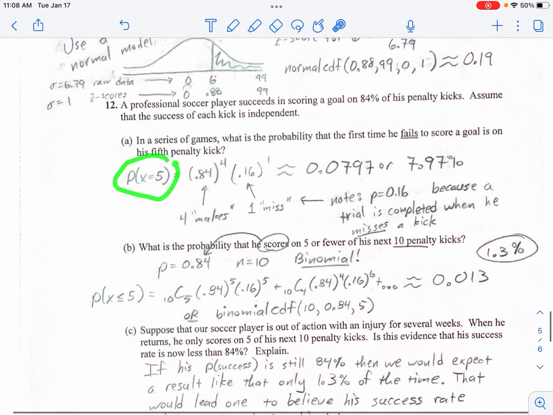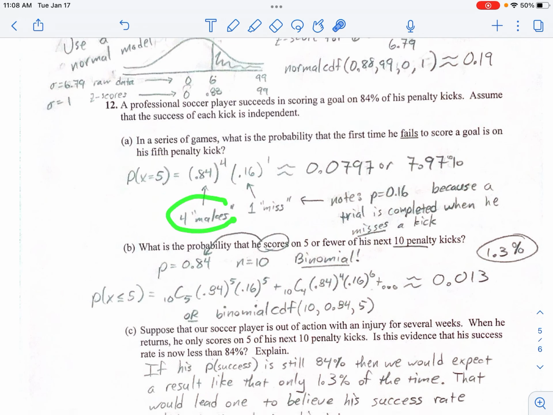So here is the probability that this happens on the 5th try. So he had to make 4 shots, right? 84% of the time, 4 times in a row. Then on the last try, he missed. You could do the Geo PDF button on this. Your chance, this is a little counterintuitive, but this is how you put it.